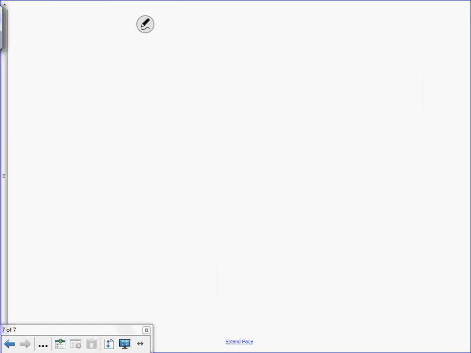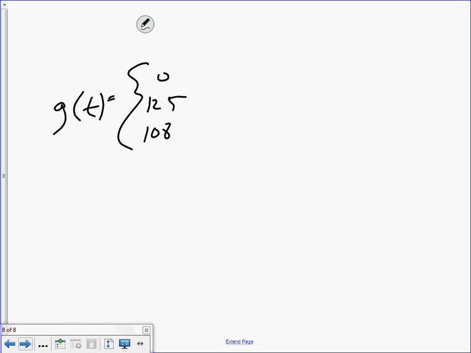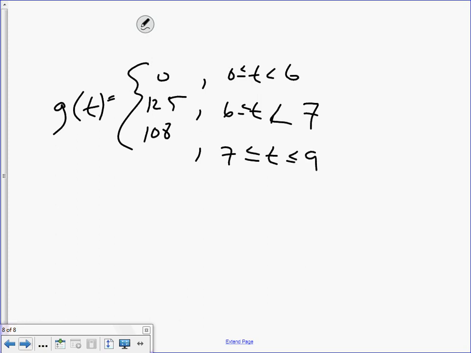So this is where it gets interesting. I'm just going to write down my g of t. That's the rate at which she's removing snow. So let's just think about this logically. h of t is the total amount of snow that she removed.